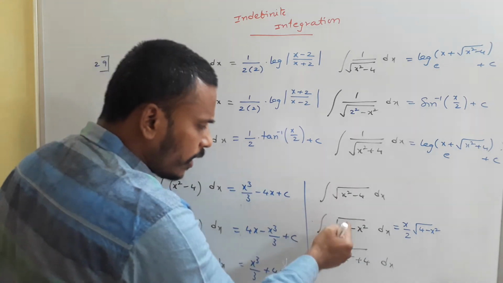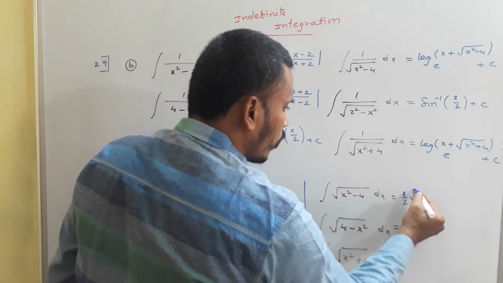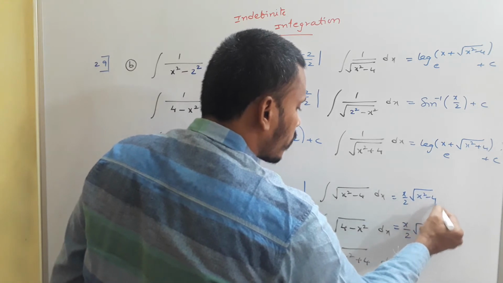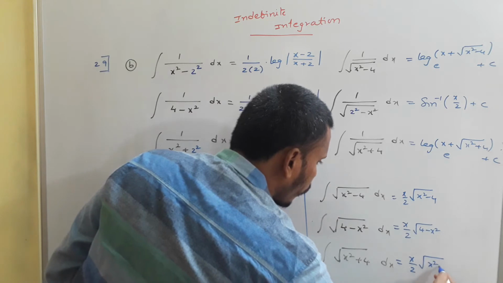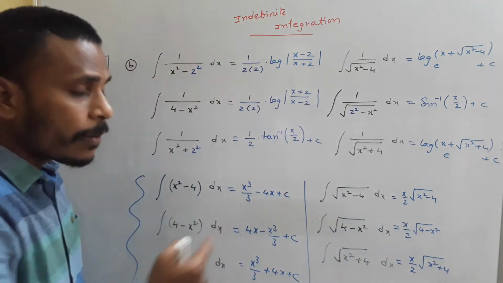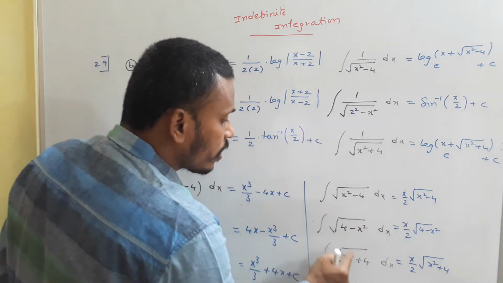In all three problems the first term does not change: the first element here is also x by 2 into √(x² minus 4), and here it becomes x by 2 into √(x² plus 4). Whereas coming to the second term a² by 2, what is a²? a² is this 4.